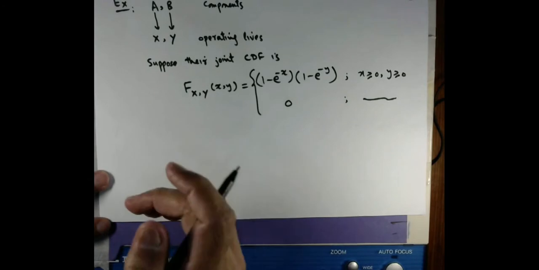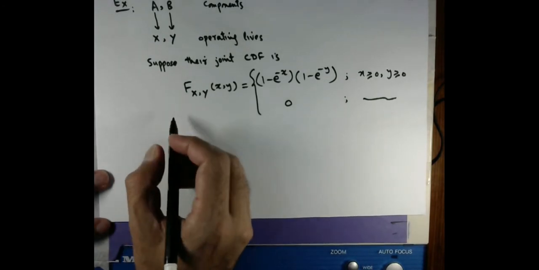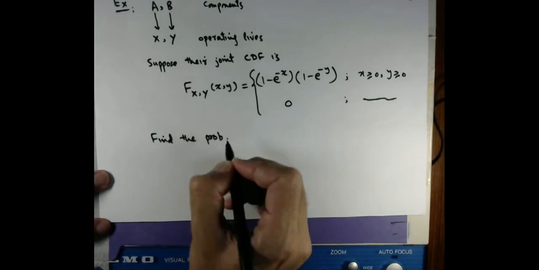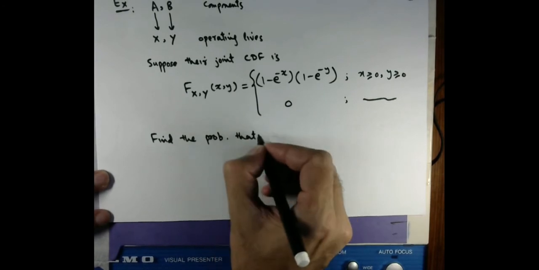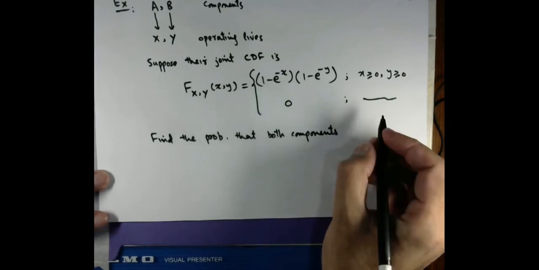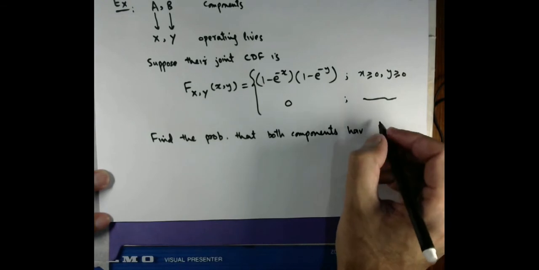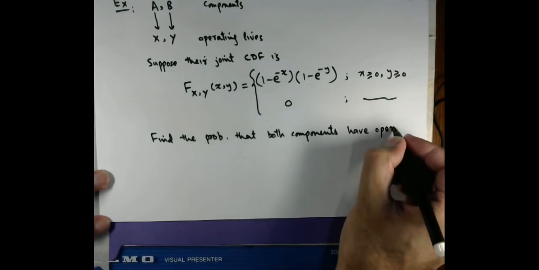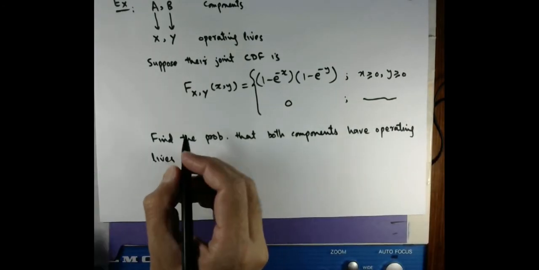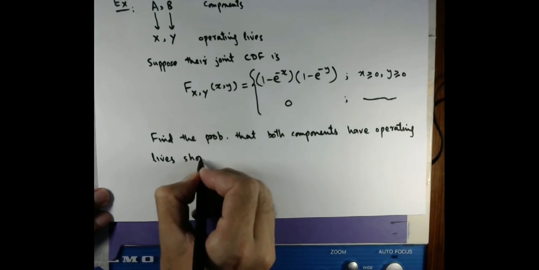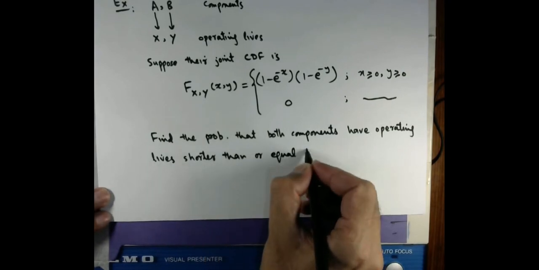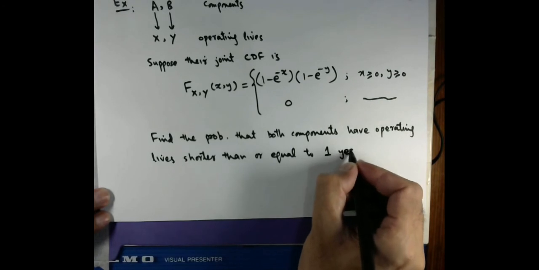If that is the case, we need to find the probability that both components have operating lives shorter than or equal to 1 year.